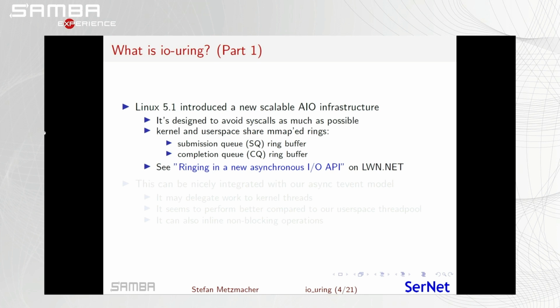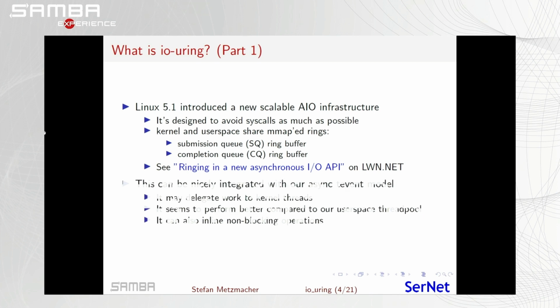There's a detailed explanation on that in an lwn.net article. If you have the slide, you can click on that link. Yeah, this nicely integrates with our tevent async model, where we have a request submitted and then wait for the result to come back.